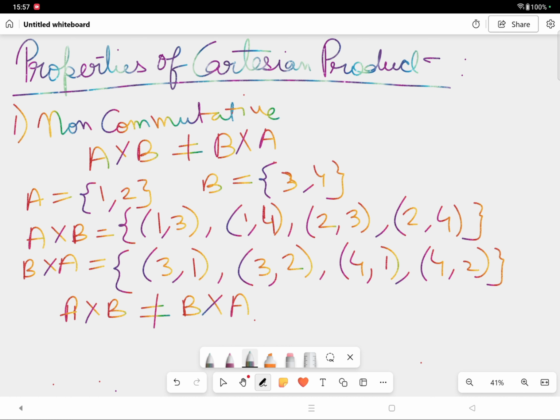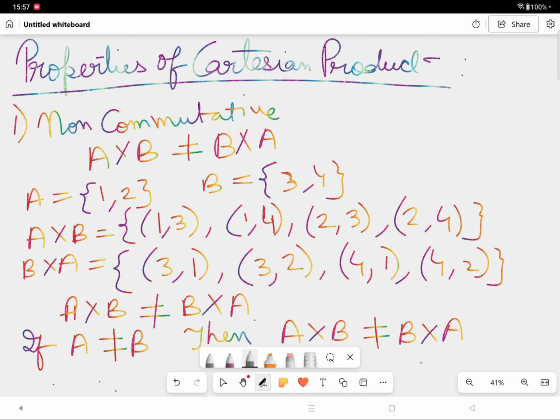So what we can conclude is that if A is not equal to B, then A cross B is not equal to B cross A. As the sets themselves are different, having different elements, A cross B, this combination, will never be equal to the combinations of B cross A. If the sets were equal, then it would be the same case.